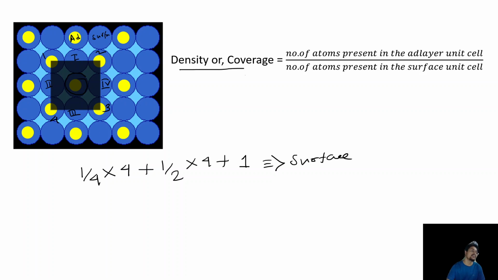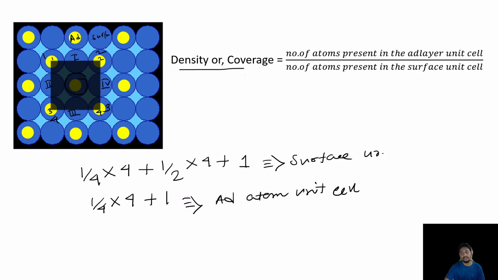Now if we try to calculate it for the add atom layer, there are 1, 2, 3, 4 add atoms which are corner shared, plus 1 add atom which is not shared. So this is my add atom unit cell, and this is the surface unit cell, right?